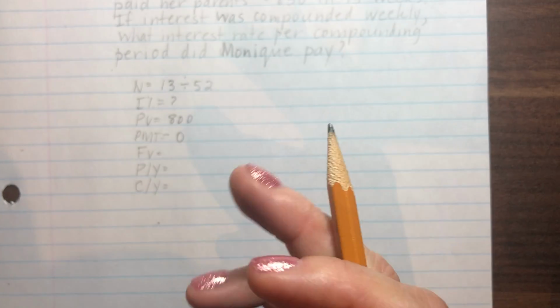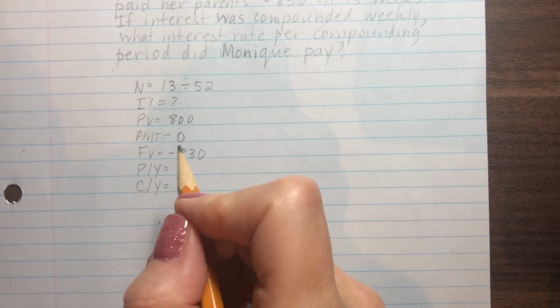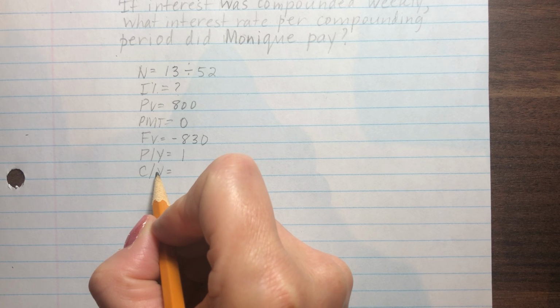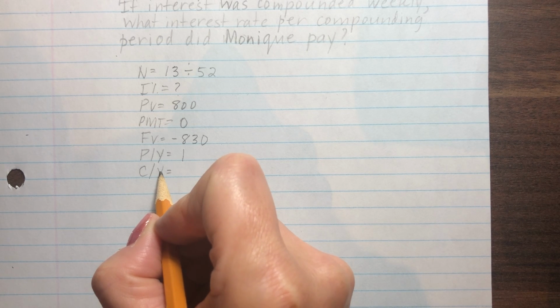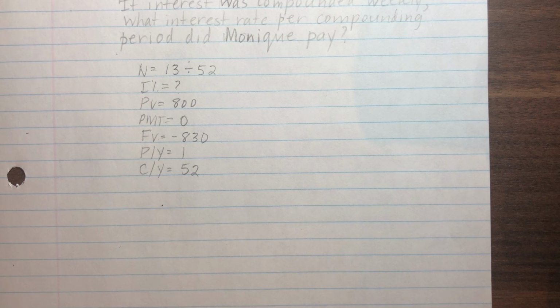That's the amount she's giving to her parents, so it's going to be entered as a negative value because it represents a cash outflow. And then P/Y, payments per year, will be 1. It's a one-time loan. C/Y, representing the number of compounding periods per year, will be 52 since the compounding is weekly.